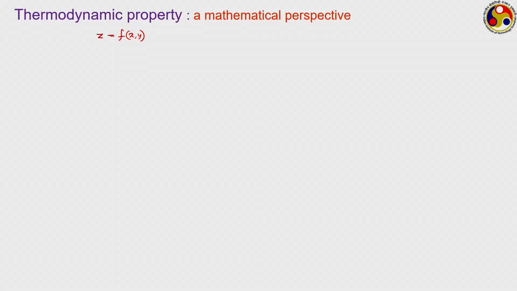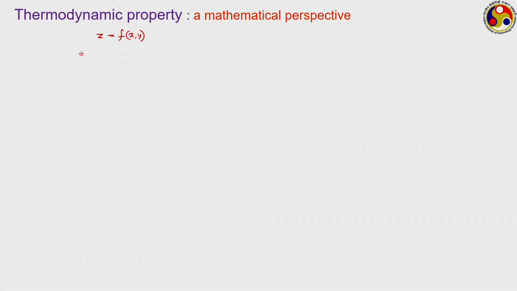That is, once we specify two independent intensive properties, all other properties of the system at that particular state can be calculated. So, in this module we are looking to calculate those property relations, or certain of those property relations. Here x and y represent two independent intensive properties, and we are trying to develop a way of understanding whether z is a property of the system or not.